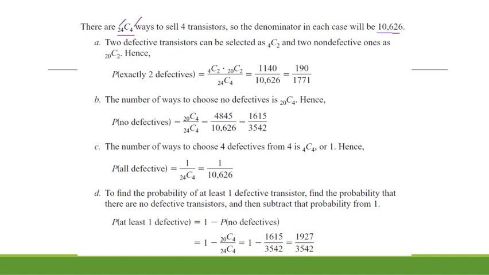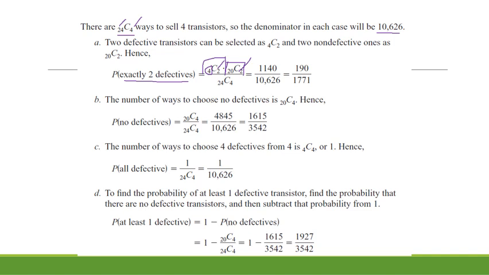Since the first problem asks for exactly 2 defectives, and the problem states that there are 4 defective, we choose 2 defectives. After that, we need to select the 2 non-defective ones.